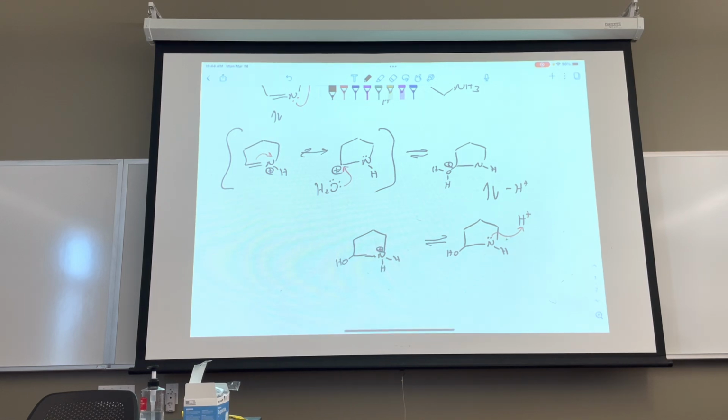So that is a good leaving group. In the same way that when you protonate a hydroxyl group, it turns it into a good leaving group. If you protonate an NH, it is also going to make a good leaving group.